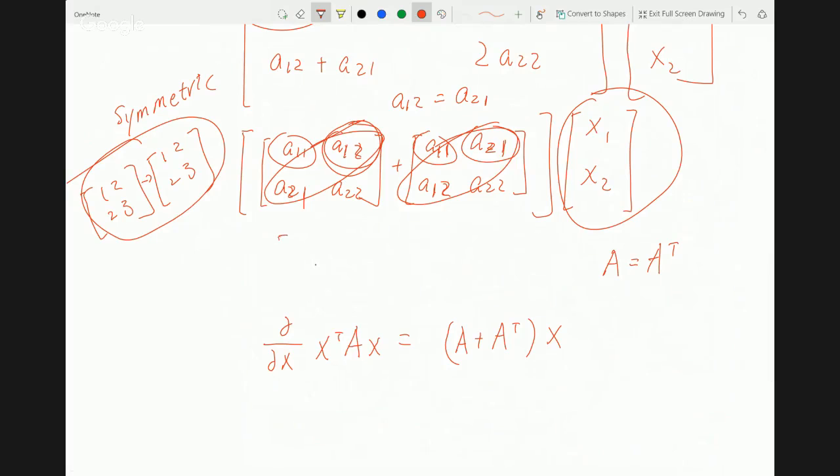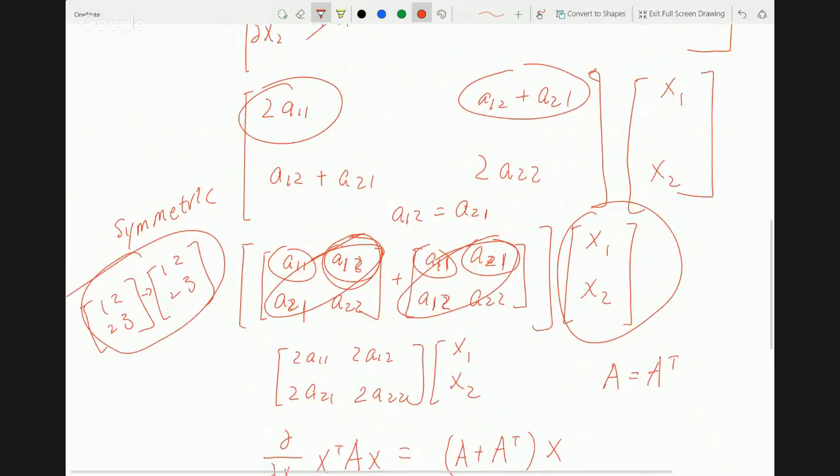Well, it means this right here: 2A11, 2A12, 2A21, 2A22, times x1, x2. Do you see that? Here's the 2, so they don't change. But if they are the same, it's the same as just adding 2 here and cancelling that out.